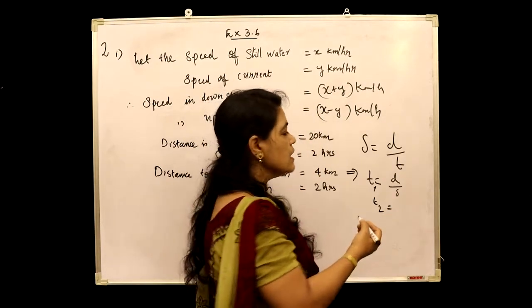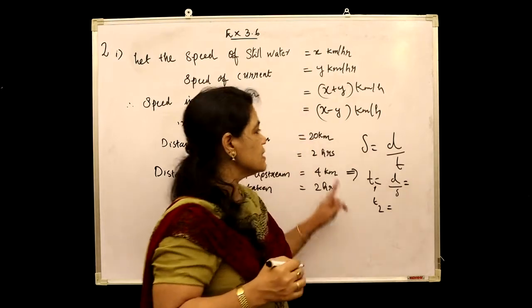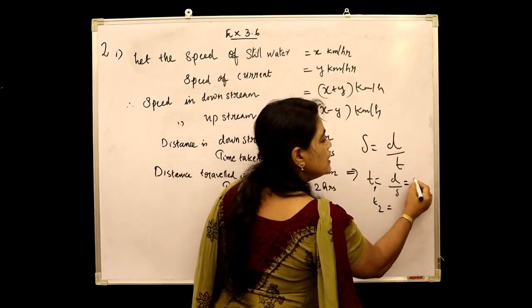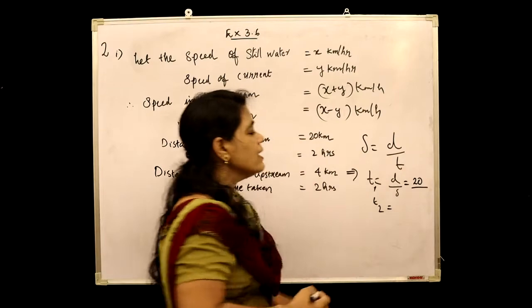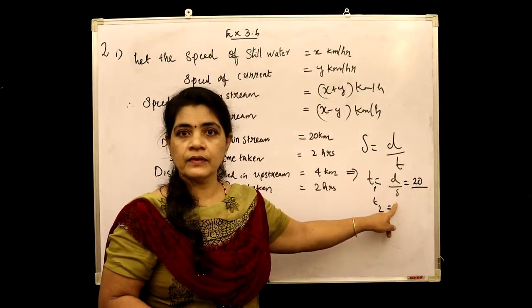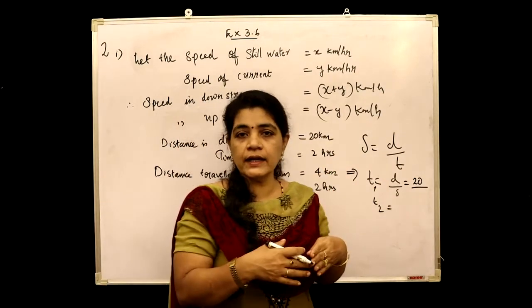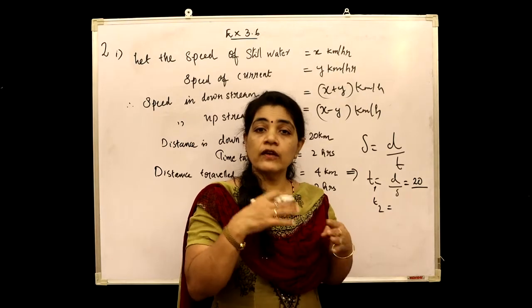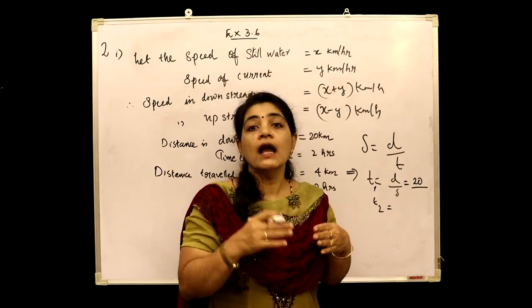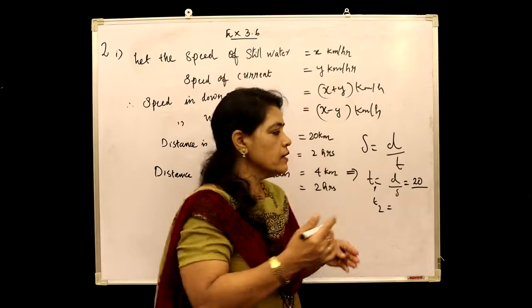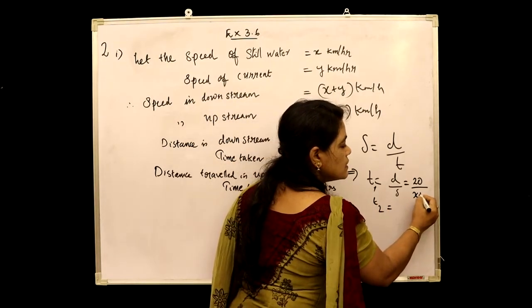In both cases, in the first case children, the distance travelled is 20, so 20 divided by the speed in downstream. As I told, we have to add the speed of current, so the speed in downstream is x plus y, which comes in the denominator.